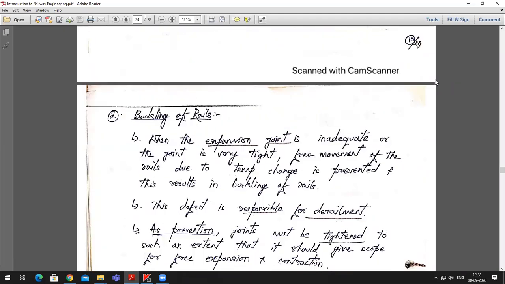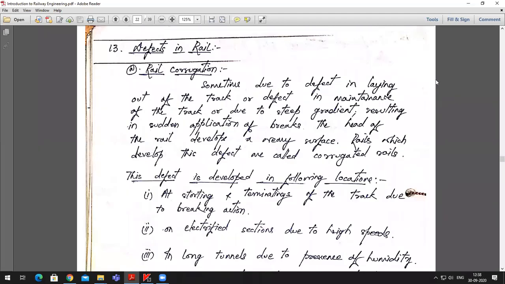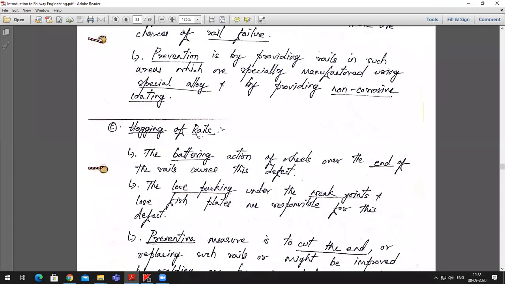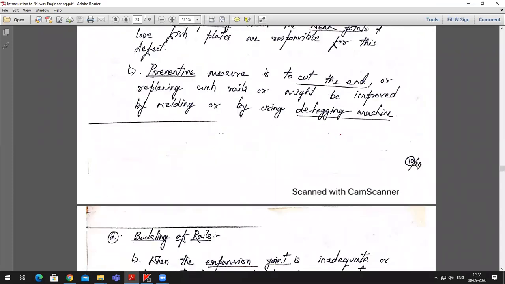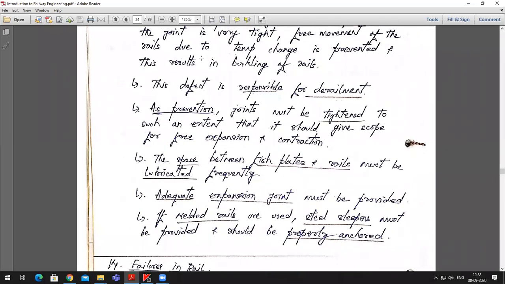So this is about defects in rails. We studied about rail corrugation, then we discussed corrosion of rails, then hogging of rails, and then buckling of rails. If this question is asked in the examination, you need to first discuss what it is about.